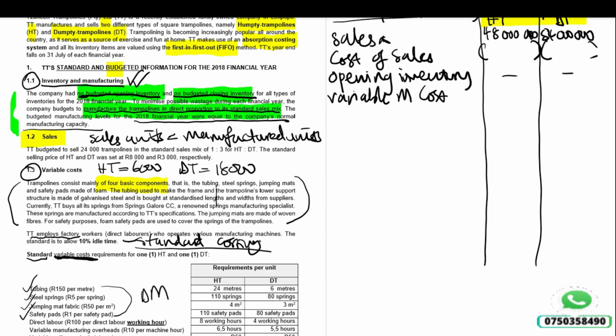So whatever we manufacture, we are also going to sell. Manufacturing units were equal to the sales units. That's why, if the sales units were 6,000 for HT and 18,000 for DT, those are also the budgeted manufacturing units.